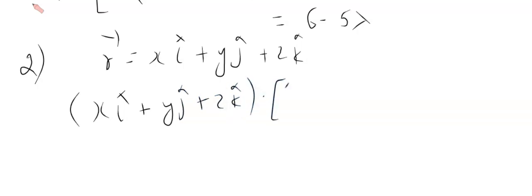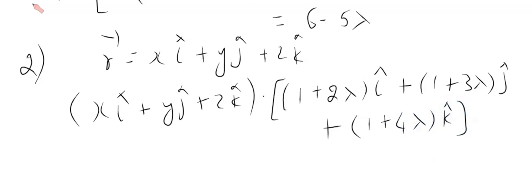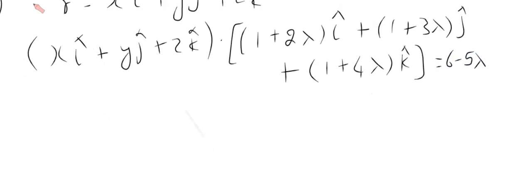So in the place of r vector, we can substitute xi vector plus yj vector plus zk vector dot ((1 plus 2 lambda) i plus (1 plus 3 lambda) j plus (1 plus 4 lambda) k), which is equal to 6 minus 5 lambda. Now let us simplify this.